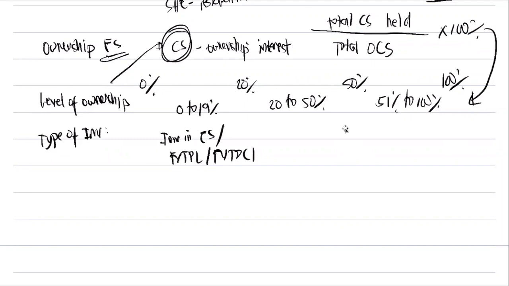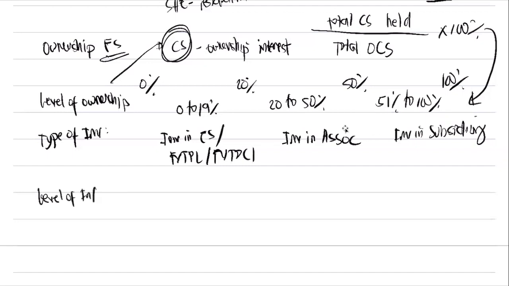If your ownership interest is 20 to 50%, we call this one your investment in associate. If your ownership interest is 51 to 100%, we call this one investment in subsidiary. Now, basing on this type of investment, we can also determine the level of influence.